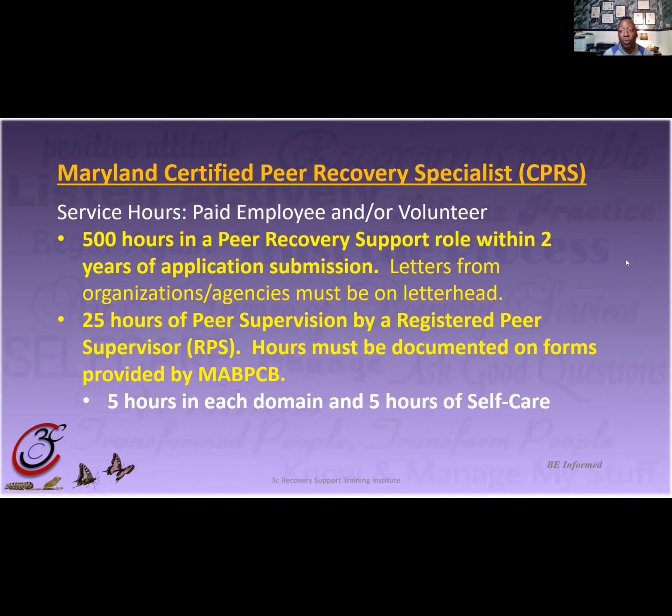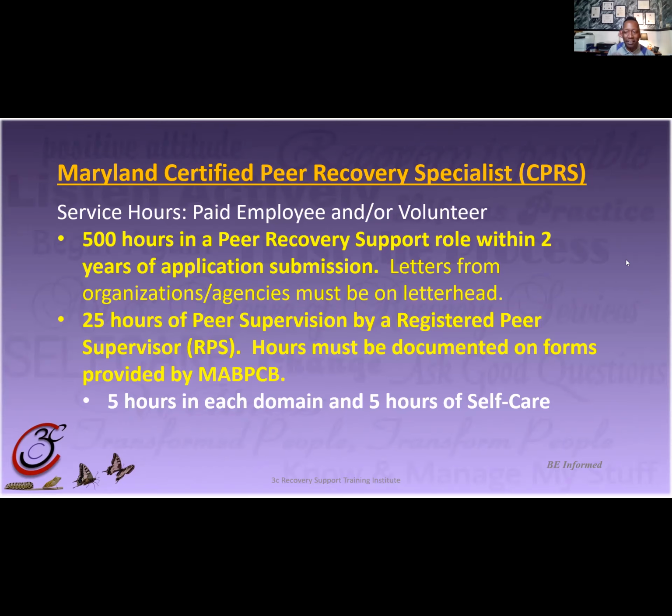In addition, within the 500 hours are 25 supervised hours. Those 25 supervised hours have to be signed off by a registered peer supervisor. The person that you report to on the job may or may not be a registered peer supervisor.